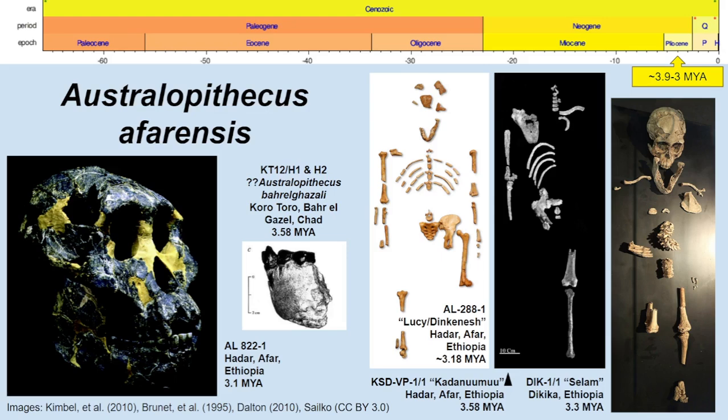Currently, there's something like 300 individuals that have been described since the 1970s, including adults and juveniles, both male and female. Included in this collection is perhaps the controversially named specimen described as Australopithecus bahrelghazali from Chad, which would then extend the species range into the center of the continent.